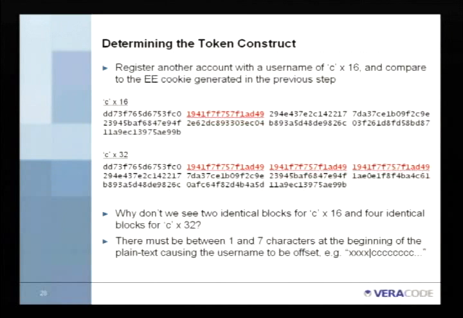So maybe the username starts like here, and goes from here to here, and it doesn't perfectly align with the block boundaries. And you can see there must be between 1 and 7 characters at the beginning of the plaintext causing that username to be offset. So we want to figure out what that offset is.